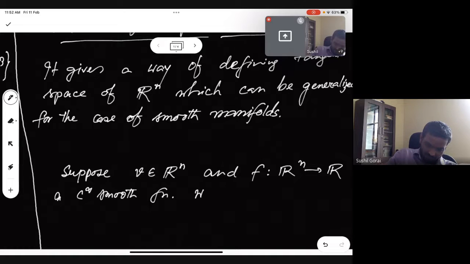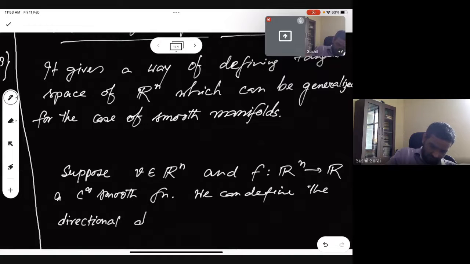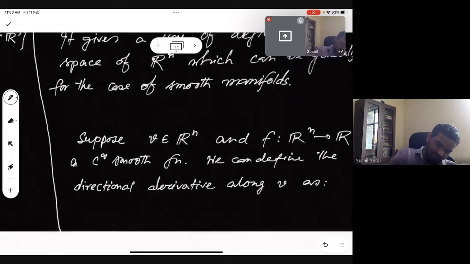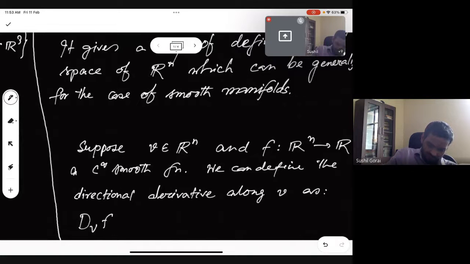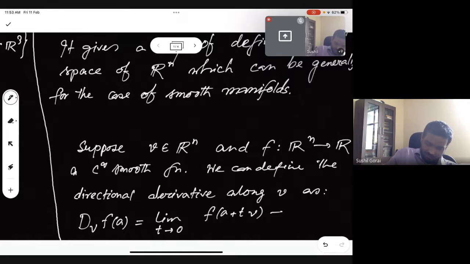Then we can define the directional derivative along V as D_V f at some point a is the limit as t tends to 0 of f(a + tv) minus f(a) by t, right?